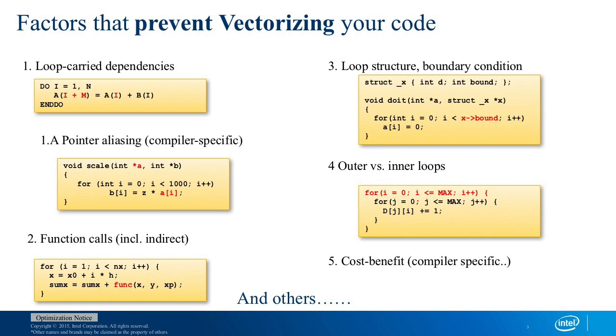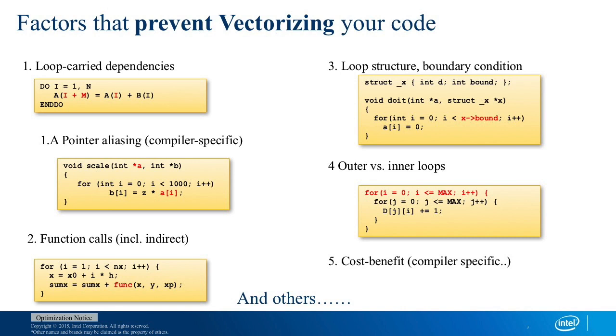Then the loop structure and boundary conditions may play a role, so the compiler does not know about the boundaries in advance because they are a parameter as well. Or you have inner loop versus outer loop, or the cost of the operations seems to be too high for the compiler, so it gives up.